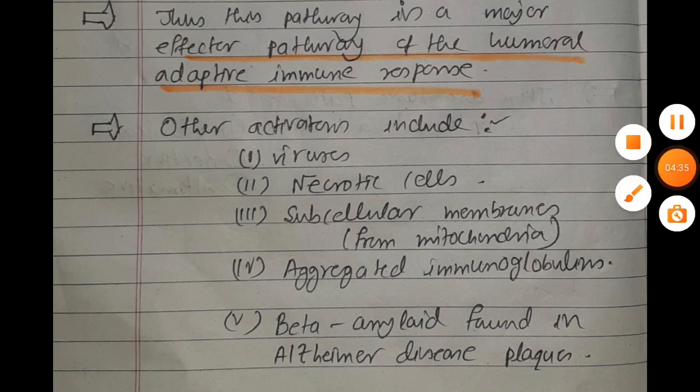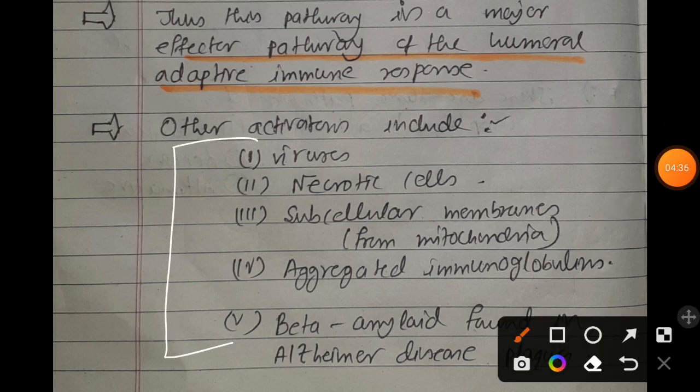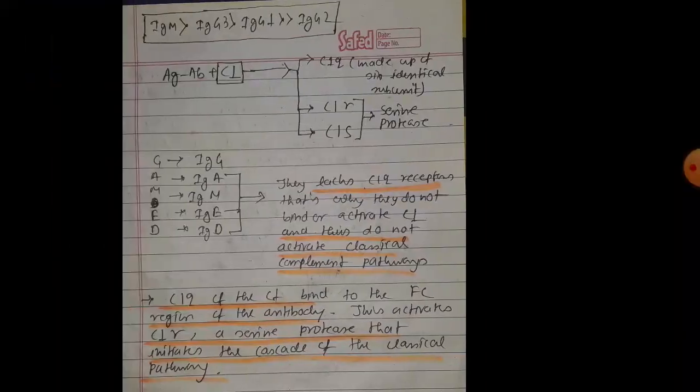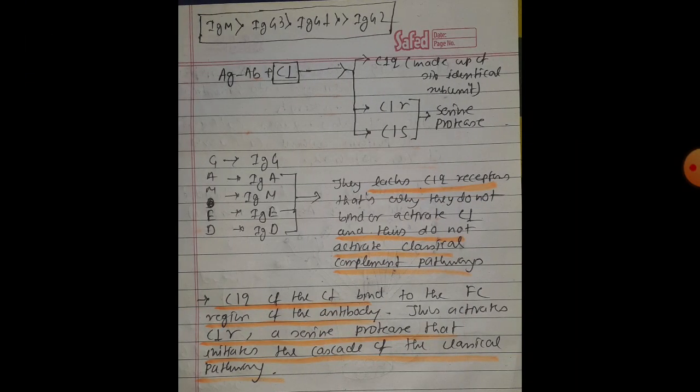Instead, they can give you those things as options, and then you have to find out. Now, I have told you that an antibody can activate the complement when its FAB portion is in interaction with the antigen.